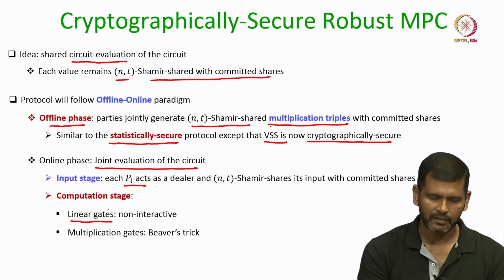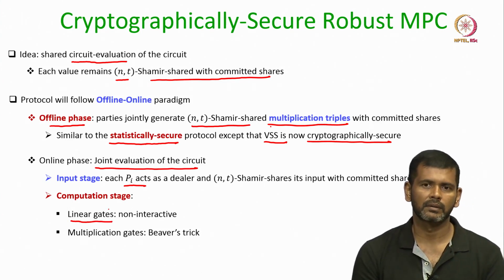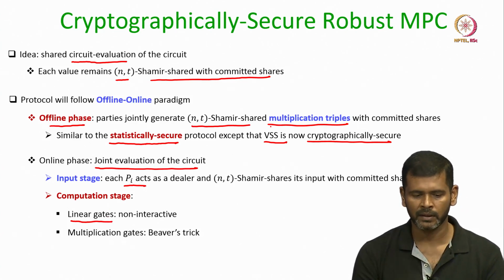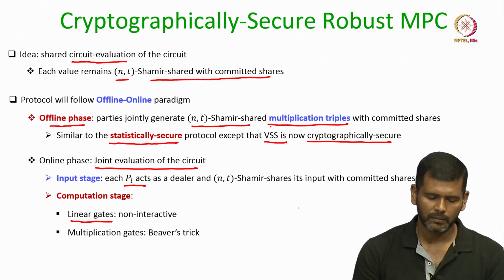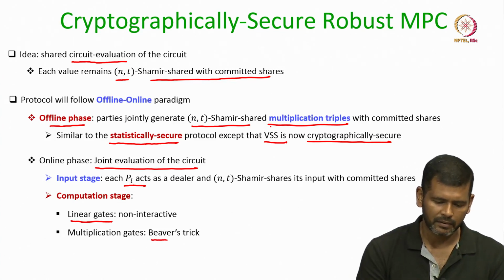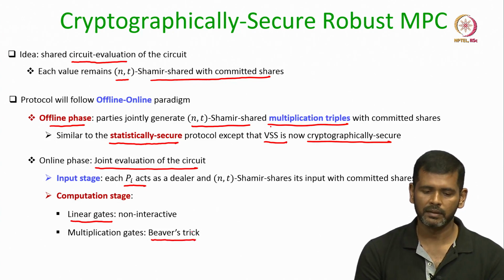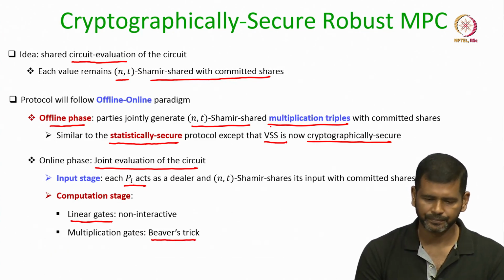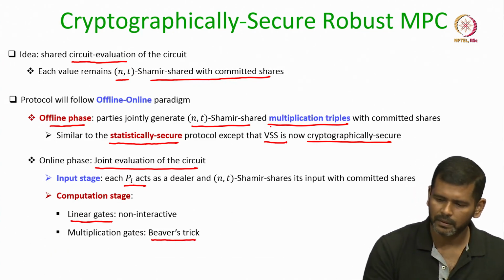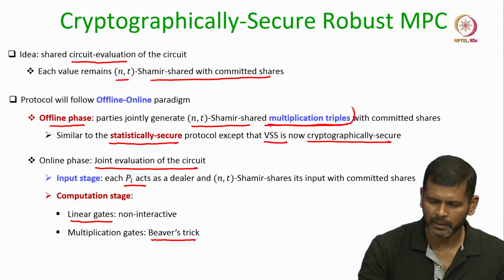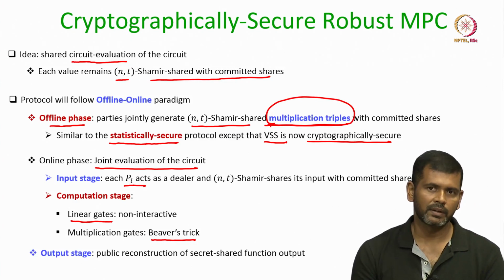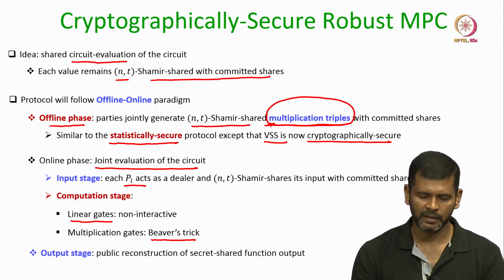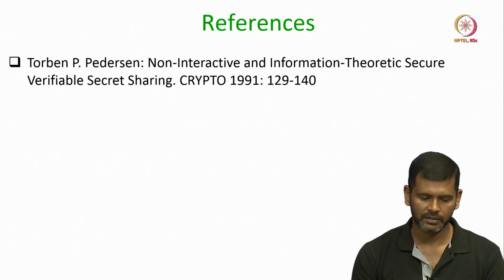The linear gates will not require any interaction thanks to the linearity property of the underlying secret sharing scheme. For the multiplication gates, we can use Beaver's method by deploying the triples which the parties would have generated in the offline phase. And now once the circuit output is available in a secret shared fashion, we can publicly reconstruct it.